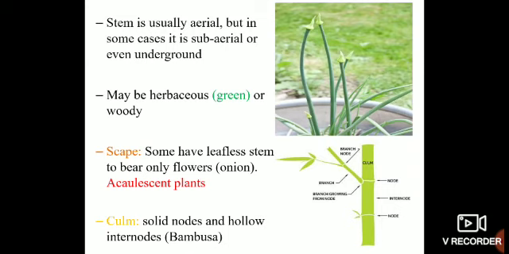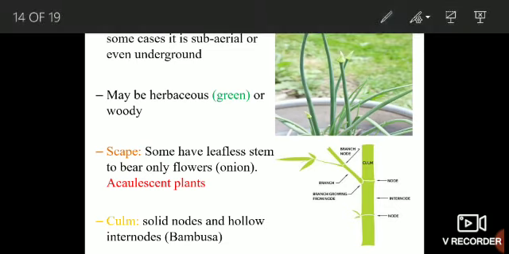And some important terms that you will remember about stems is, first of all, you have scape. These are those stems which do not possess leaves. Leaves are absent, and these stems are only there to bear flowers. Here you can see these are the scapes of onion.